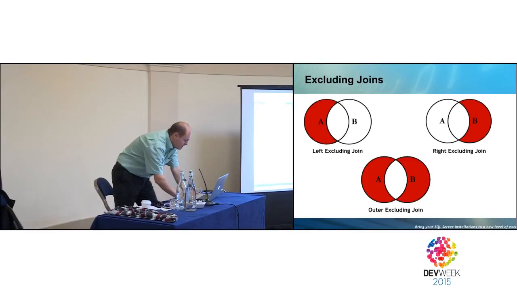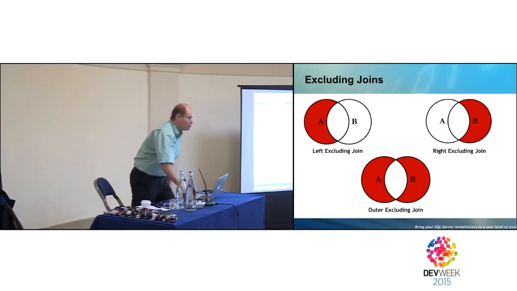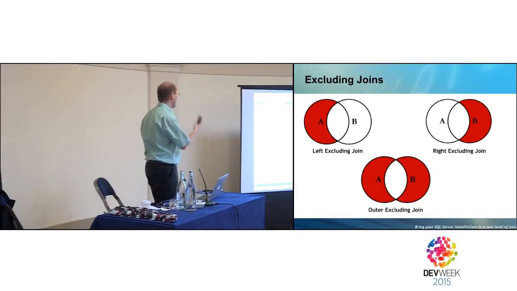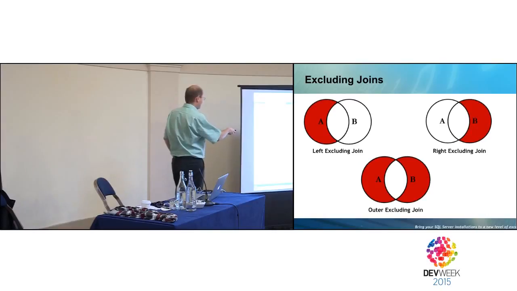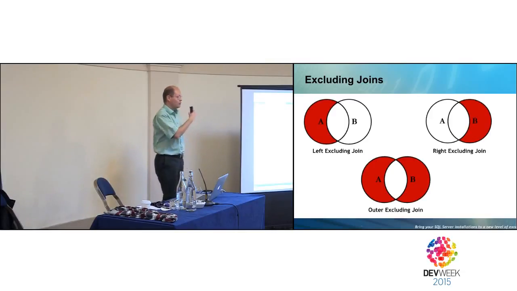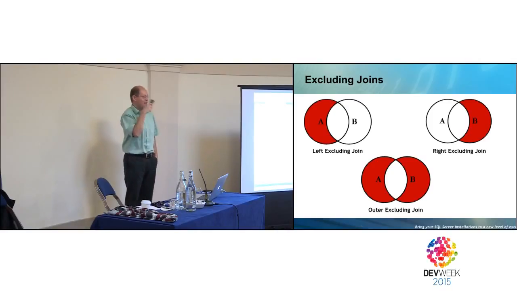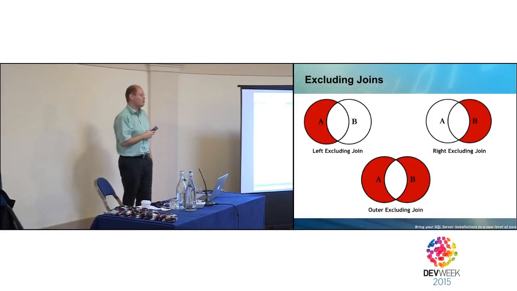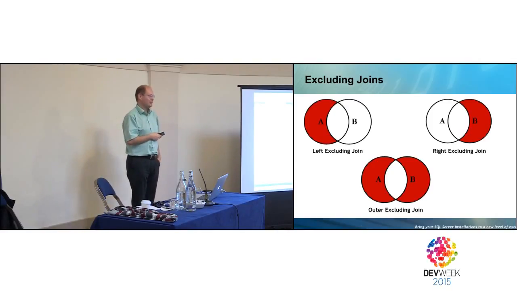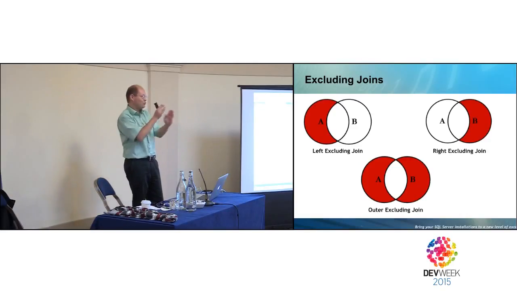The table sales order header has 31,000 rows. So in that case, we want to have the table sales customer as the outer table and transform the left join to a right join so that we can swap both tables. So a left join between table A and B is the same as a right join between table B and A, which the Query Optimizer can use internally, just to swap both tables.